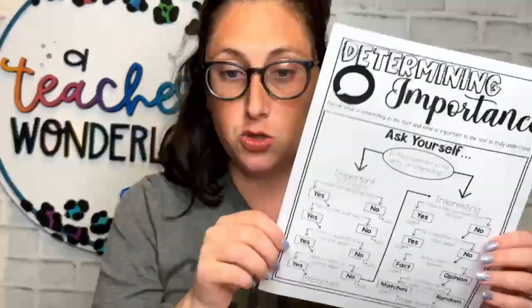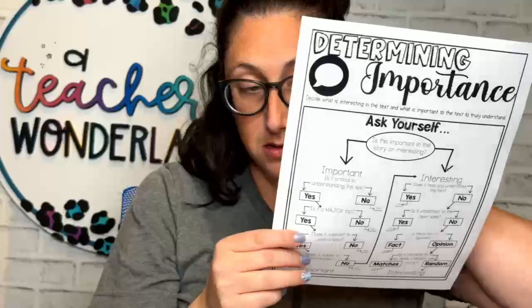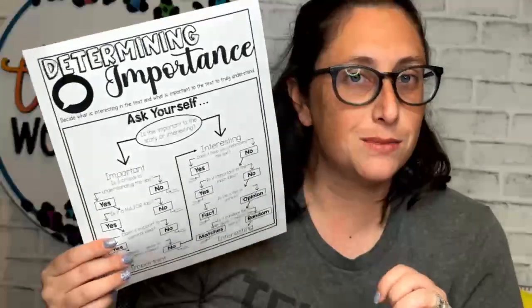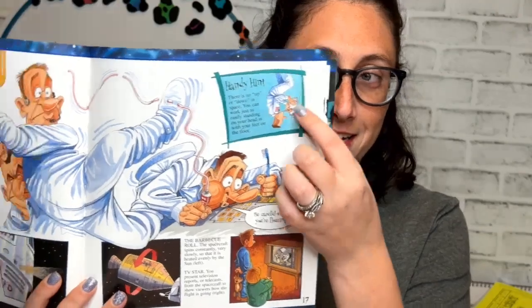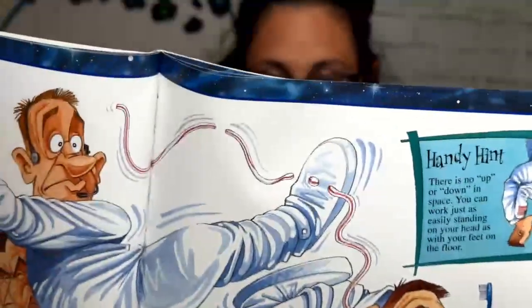I personally also love to include a determining importance anchor chart in here, because sometimes they have some information in here that might not be important to the actual problem. So, for example, there are handy hints in here, and I'm just like, but it's not important to the problem.